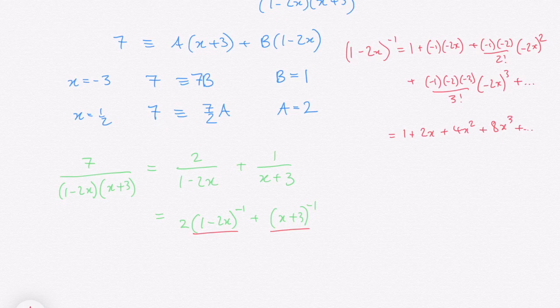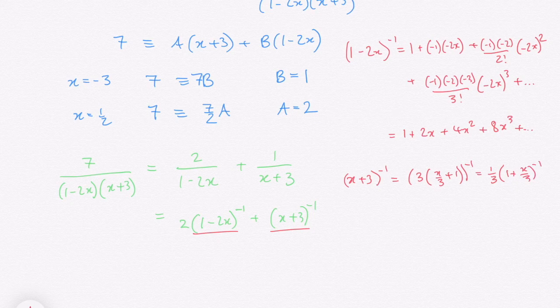We need to do a similar thing with x plus 3 to the minus 1. Well, notice this is 3 open brackets x over 3 plus 1 close brackets to the minus 1, which is 1/3 of 1 plus x over 3 to the minus 1.